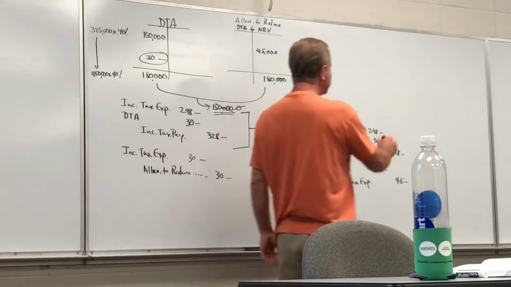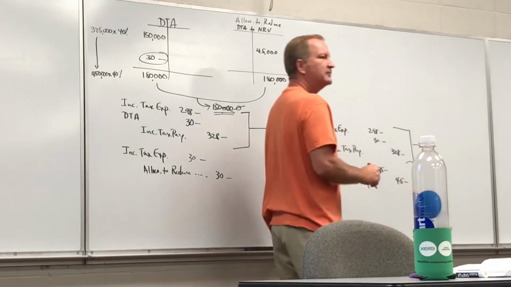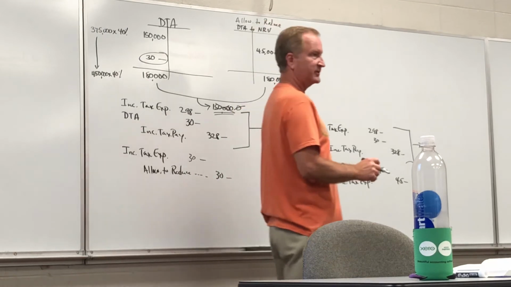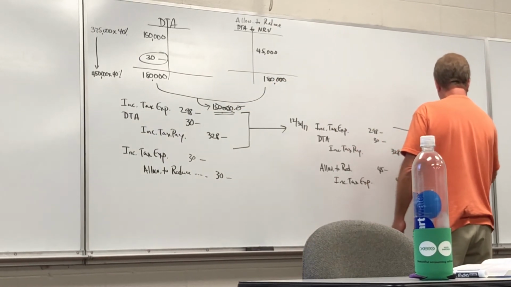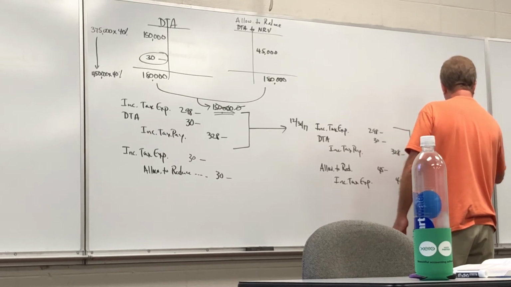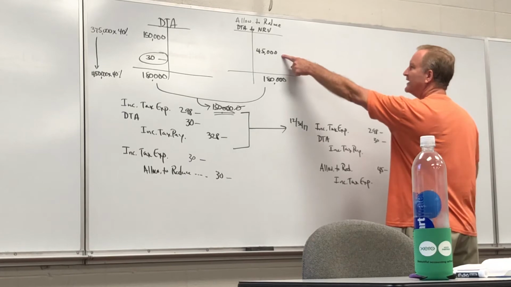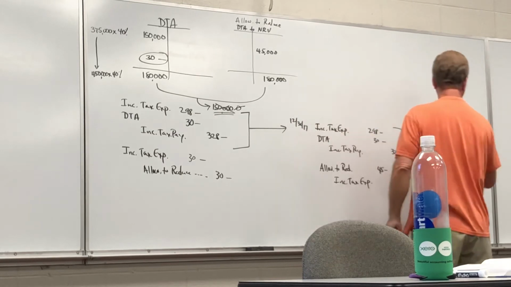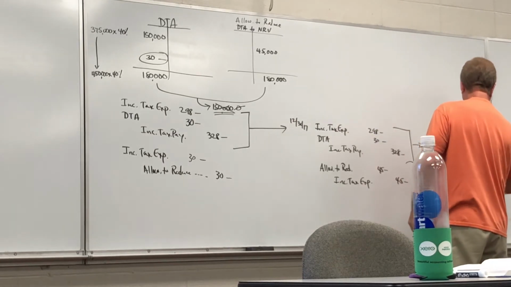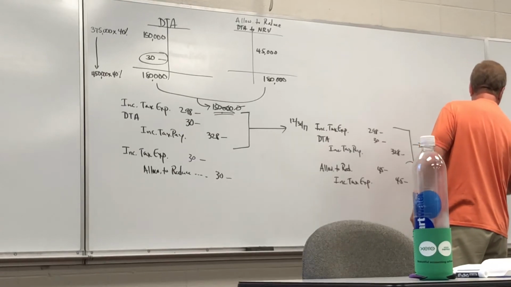Okay, you would still do this entry, but then what would be the second entry? Debit income tax expense for how much? 180,000? No, 135, it's already got 45. So now you go, what is that, 135? And credit the allowance, 135.